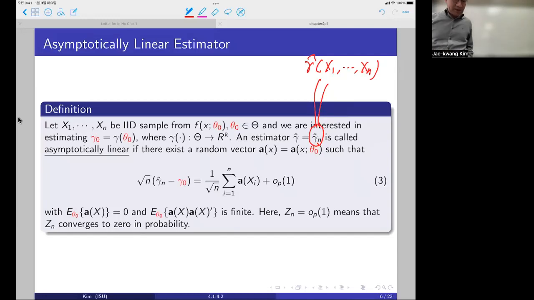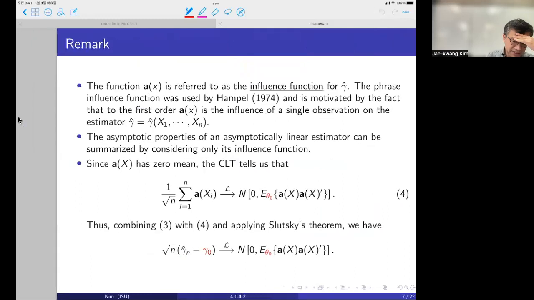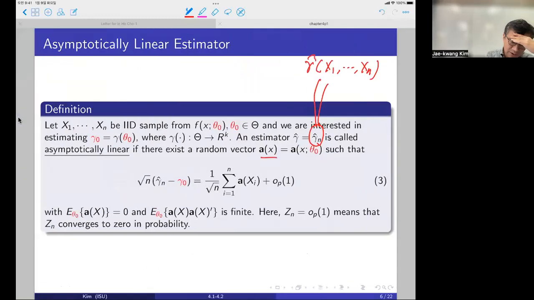It is still a nonlinear function of xi, but linear in A(xi), so now you have a linear function and you can do something. One thing we should note is that this function A may depend on the unknown parameter theta.